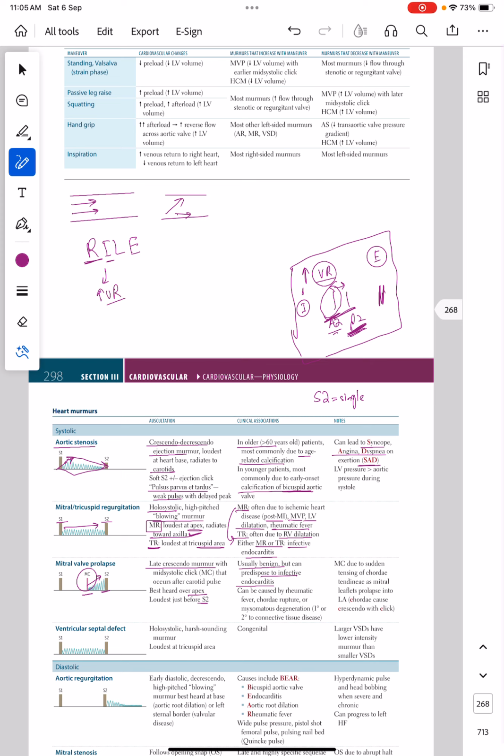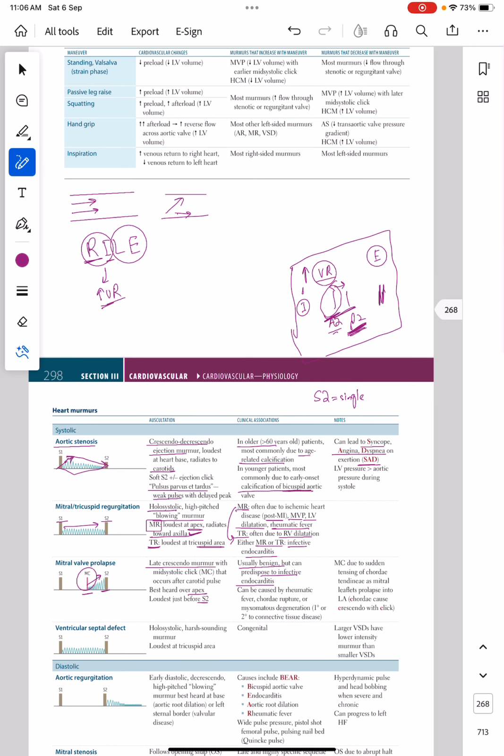When venous return increases, the blood flow across the right-sided valves increases, and it increases the intensity of murmurs on the right-sided valves. Similarly, on the left side, murmurs increase with expiration, and on the right side, they increase with inspiration, because blood flow is more on the right side during inspiration due to increased venous return.